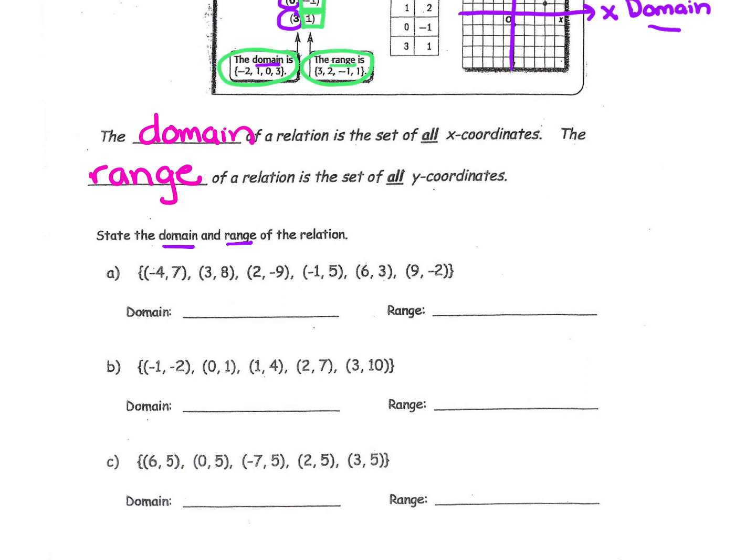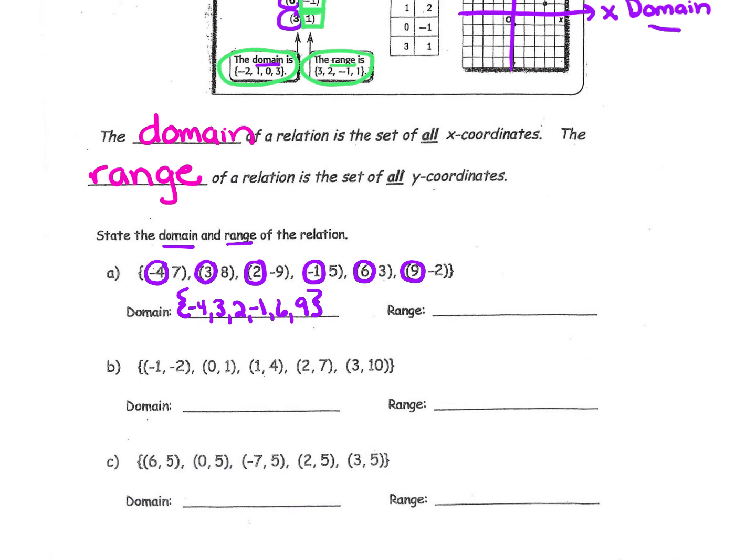So as we look at letter A, our domain is made up of, circle please, -4, 3, 2, -1, 6, and 9. We can list this set of numbers down below. Take a moment and list all the input values or your x values known as the domain.